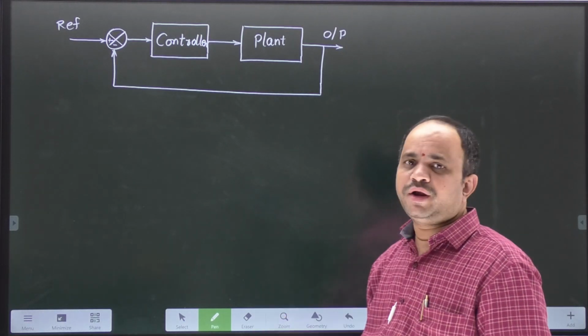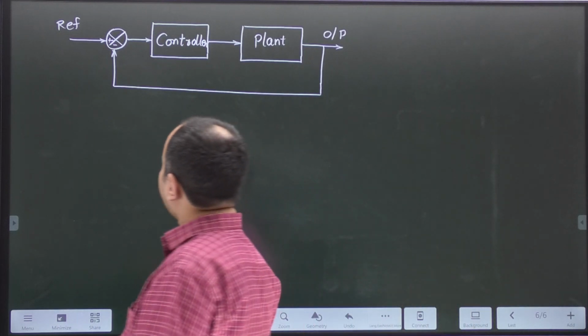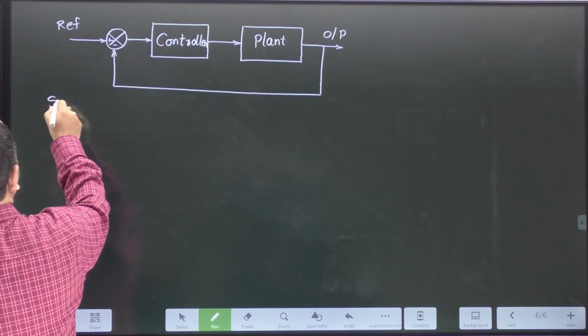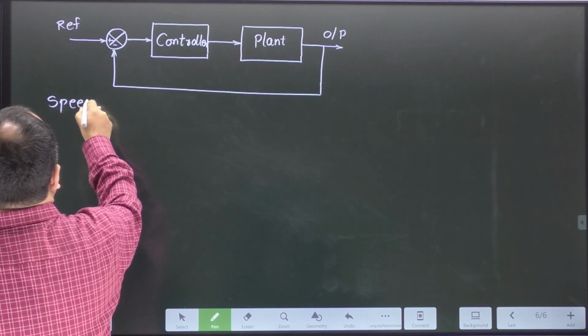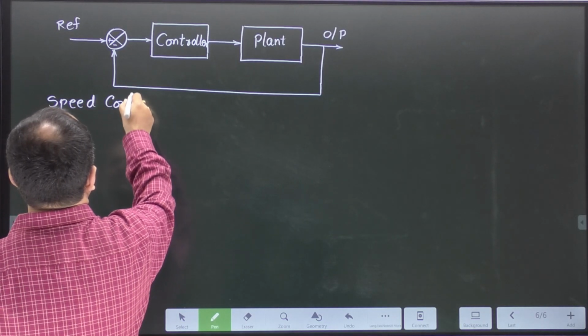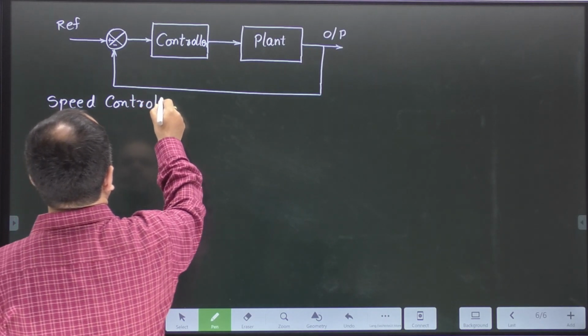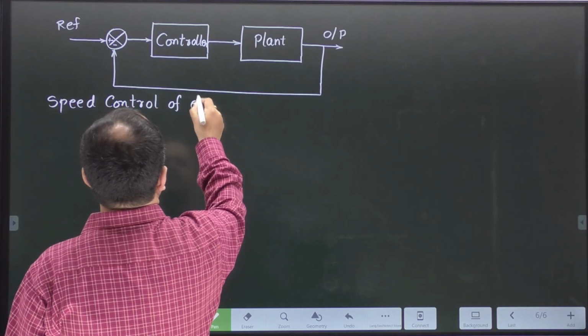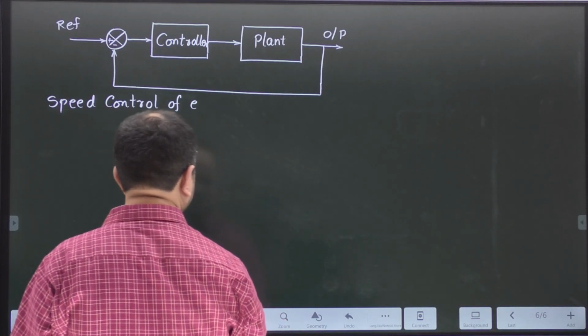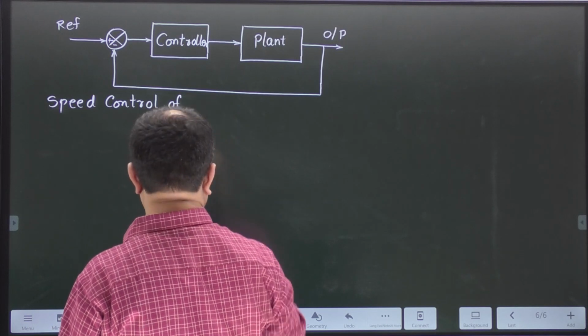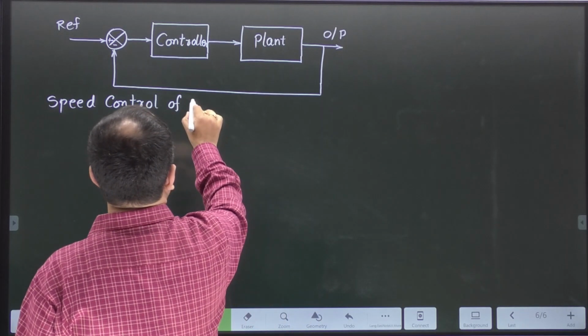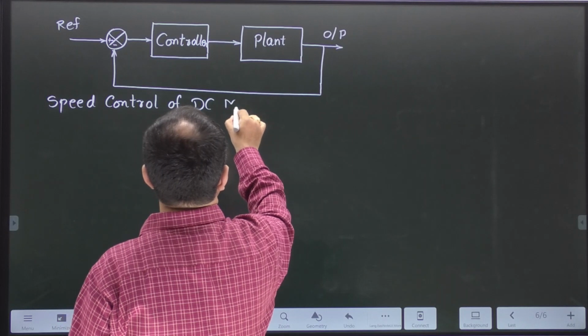So when you are designing speed control of an electric motor, let us take a DC motor, speed control of a DC motor.